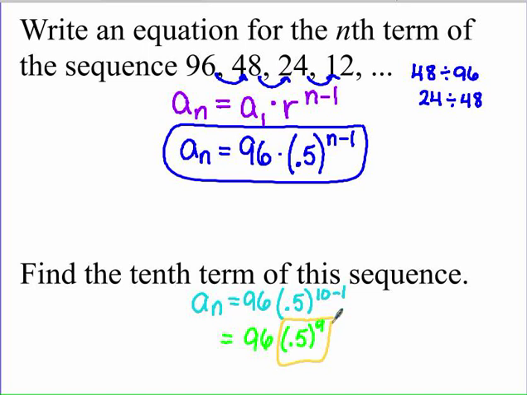I get an answer and I take it times 96. What does it come out to be? 0.1875. Somebody else get 0.1875? Good. In this case you are going to get a decimal, because it's getting smaller as time progresses. So that's your geometric sequence.